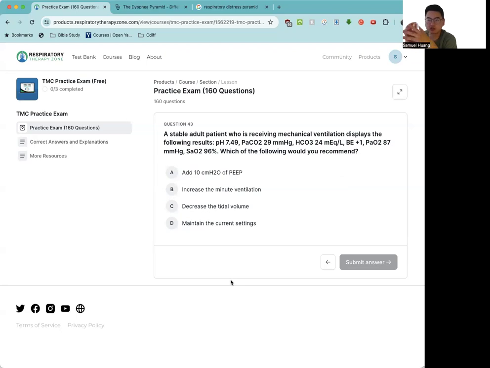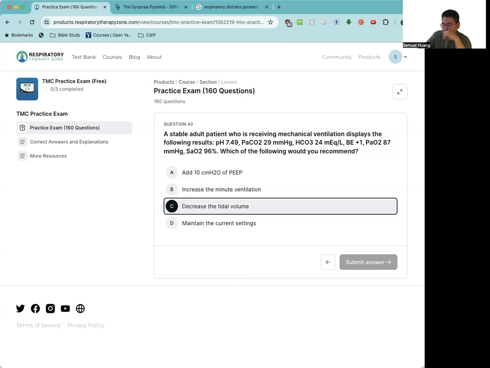If I were to say 12, 450, 50, and 5, that means the respiratory rate is 12, the tidal volume is 450, the FiO2 is 50, and the PEEP is 5. The things leading to a decreased CO2 in this patient, normal CO2 is 40, are increased respiratory rate or increased tidal volume. So to decrease the blow-off, we would decrease the tidal volume.